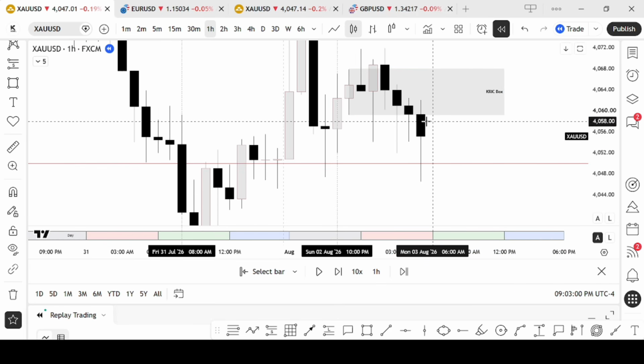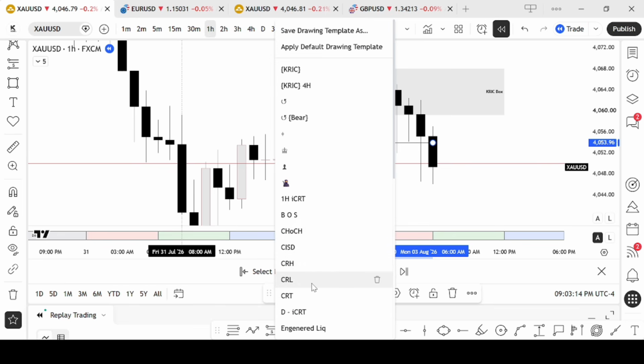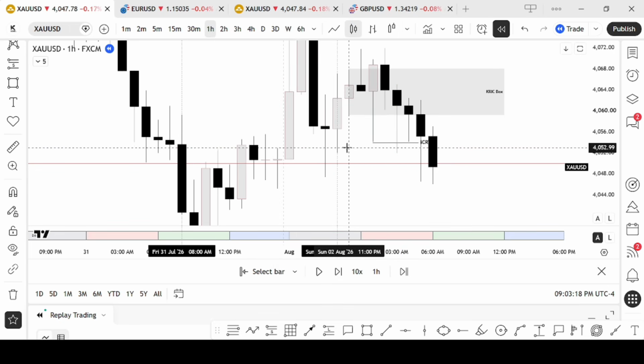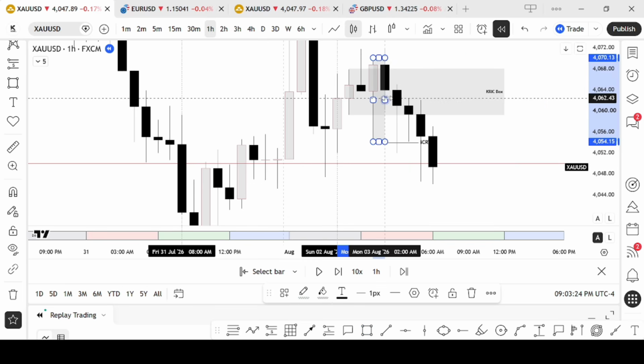All right, so we want price to tap into that level. Okay, so as you can see, price did not tap into that level. However, it formed an ICRT. So we can say this is an ICRT. Right, so because this is an ICRT, we can as well draw this whole zone as well.